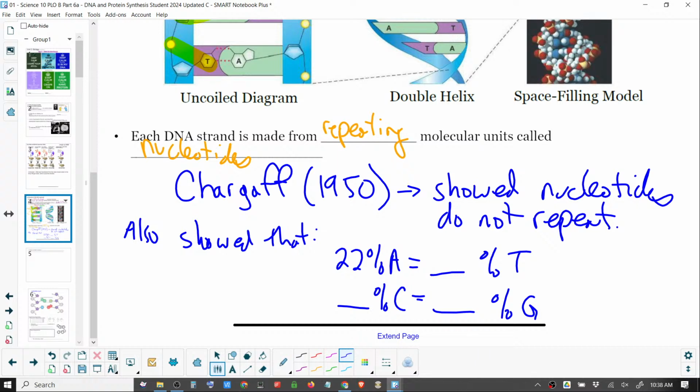Although one of those numbers is 22, which one is 22? T. So we know that.